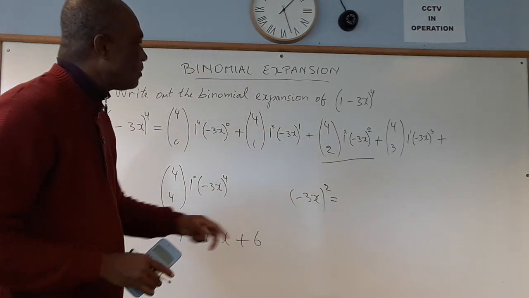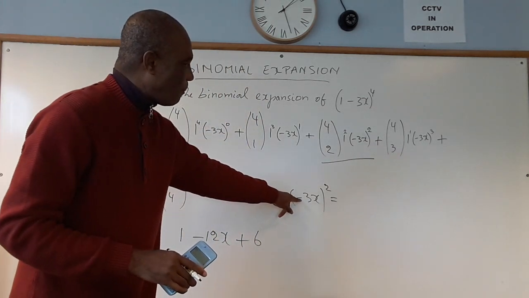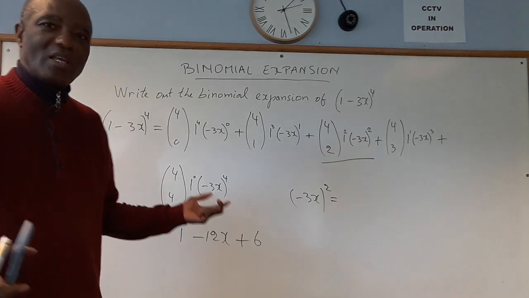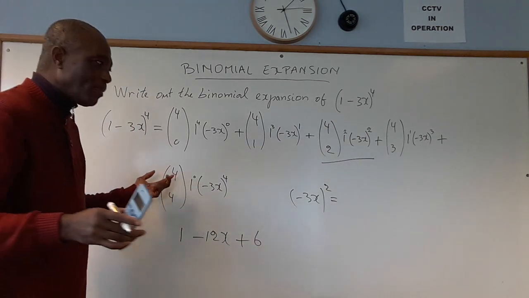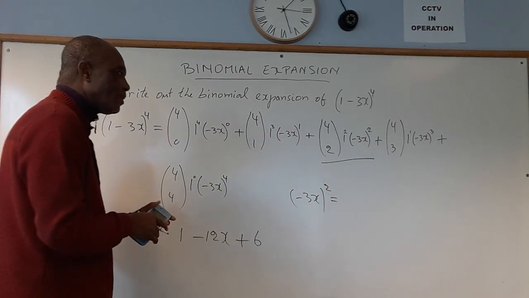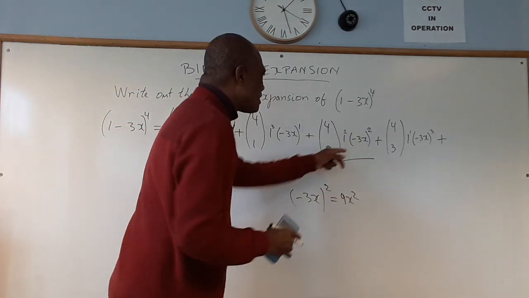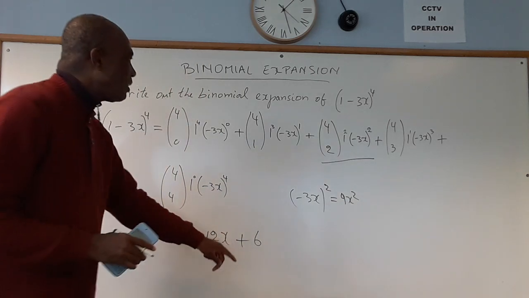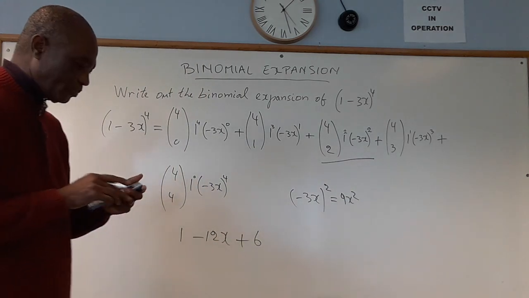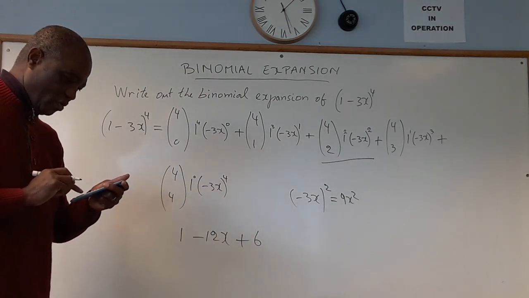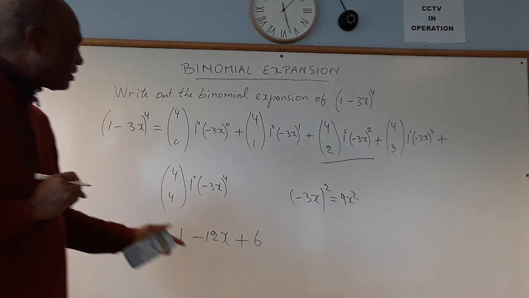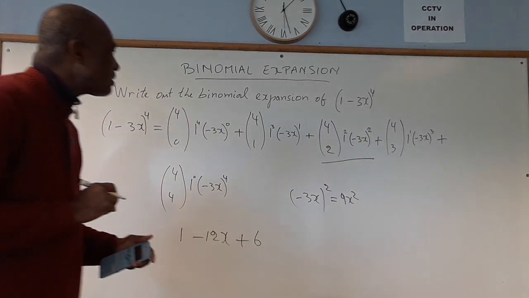will give what? So minus 3 multiplied by minus 3 will give what? Plus 9. So 9x squared. So this term is 9x squared. We have 9x squared multiplied by 6.